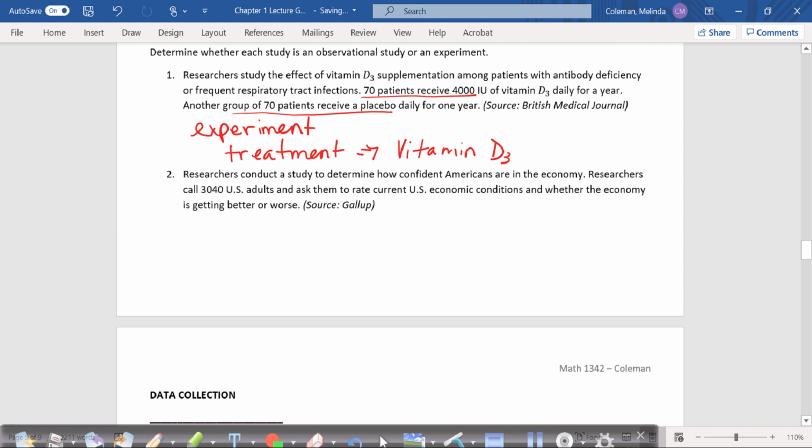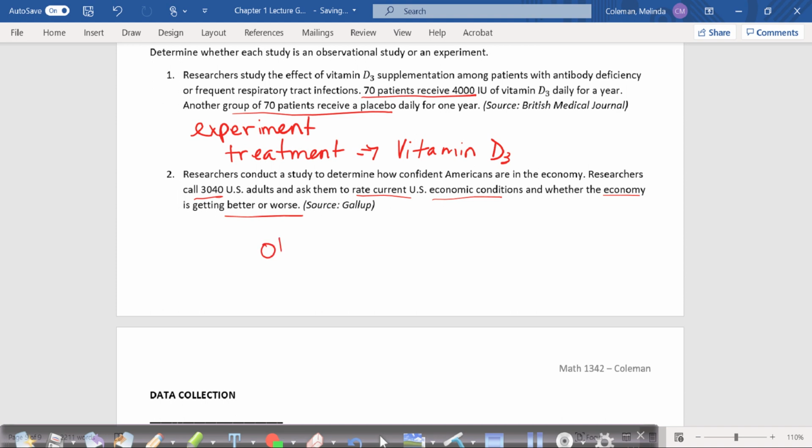So number 2 says researchers conduct a study to determine how confident Americans are in the economy. Researchers call 3,040 U.S. adults and ask them to rate current economic conditions and observe whether the economy is getting worse or better. So we're asking their opinion. We asked them basically to rate the economic conditions, and if the economy is getting better or worse.